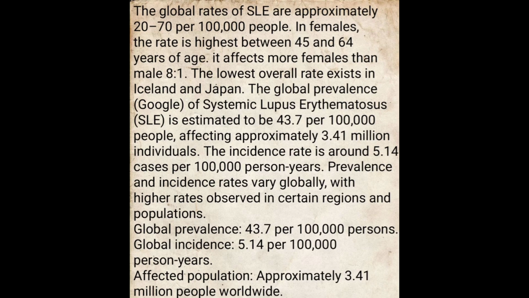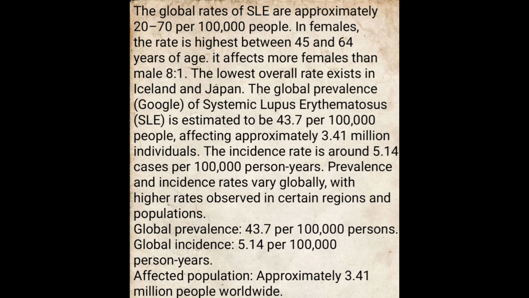The global prevalence, according to Google, of systemic lupus erythematosus is estimated to be 43.7 per 100,000 people, affecting approximately 3.41 million individuals. The incidence rate is around 5 to 5.14 cases per 100,000 persons per year.